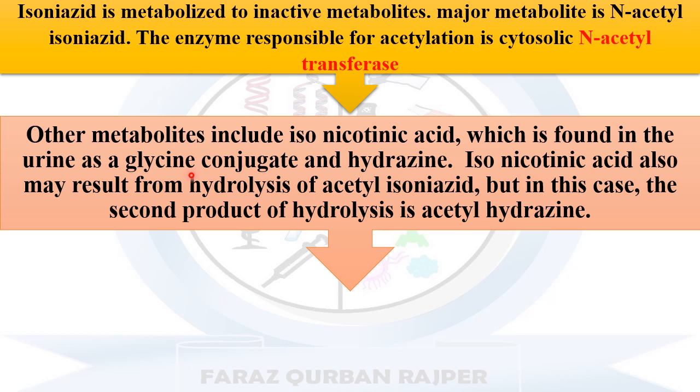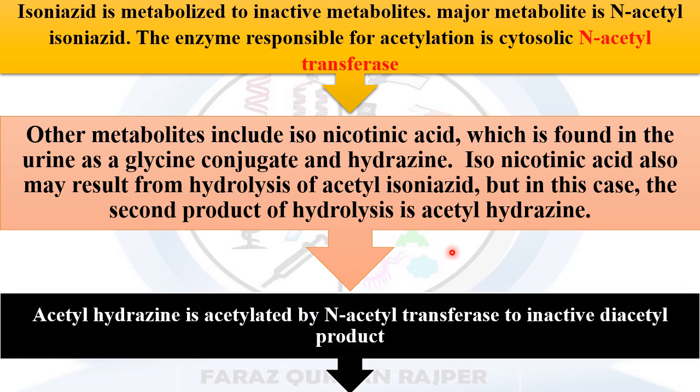Isonicotinic acid may also result from the hydrolysis of acetyl isoniazid, but in this case the second part of the hydrolysis is acetyl hydrazine. Acetyl hydrazine may again undergo acetylation by N-acetyl transferase and get converted into the diacetyl product, diacetyl hydrazine, which is completely inactive.